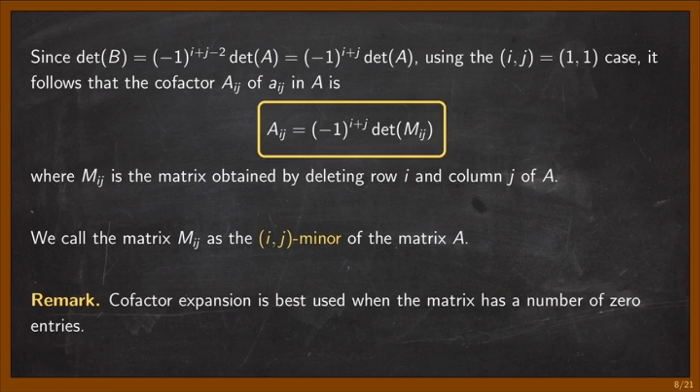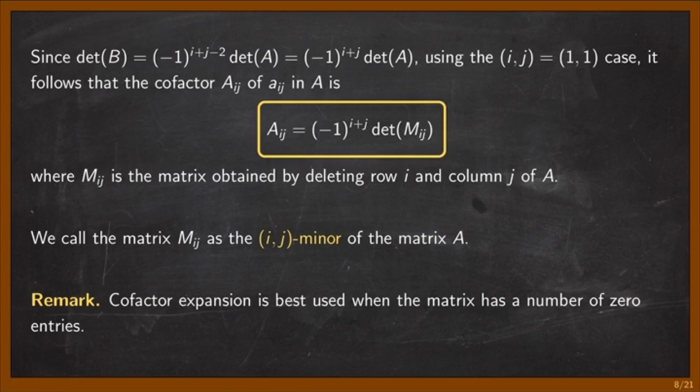For example, if you are given a 5 by 5 determinant, it is just going to be a linear combination of 4 by 4 determinants. But the good thing is, for these 4 by 4 determinants, you can again use row or column cofactor expansion to make them 3 by 3. And each of these 3 by 3 can be expanded into a sum of 2 by 2 determinants. So that's the beauty of the cofactor expansion.